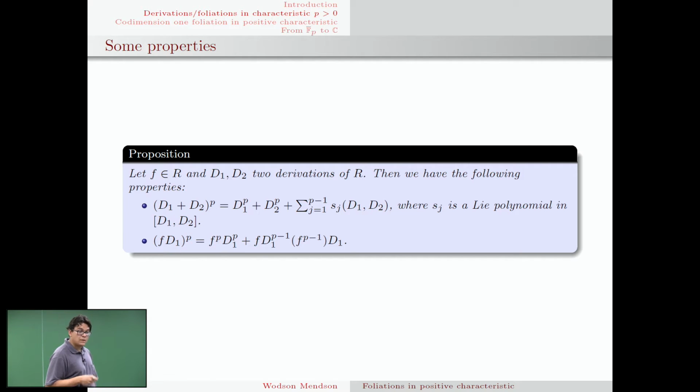Sorry, what do you mean by a polynomial? So it's a polynomial that can be written as combinations of the brackets of D1, D2. Okay, so it's a polynomial in these things, like the combination. Yeah, something like that.